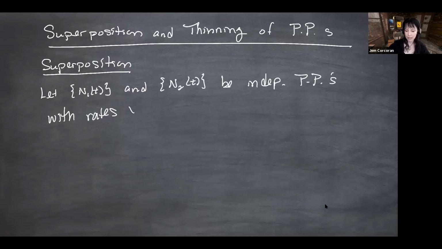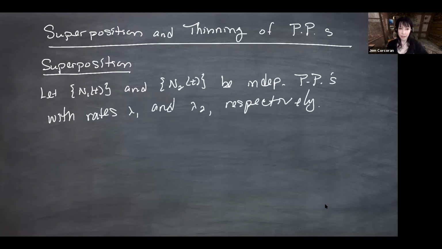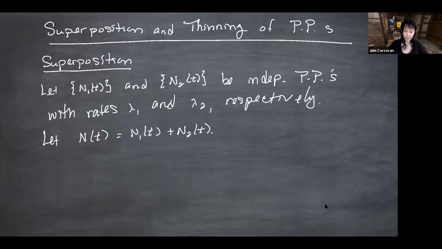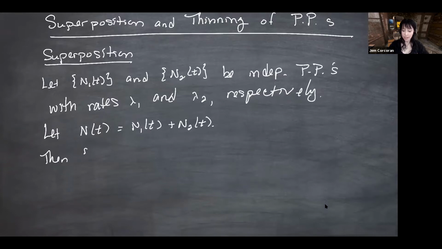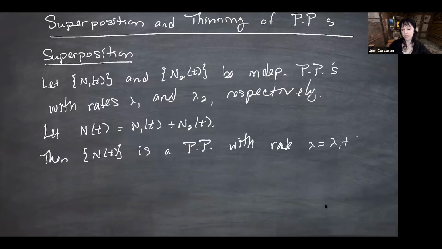And I'm going to define a new process, N of T, to be the sum, N1 of T plus N2 of T. My claim is that this new process is a Poisson process, and its rate is you add the rates of the individual processes. So this is a Poisson process with rate lambda being lambda 1 plus lambda 2.